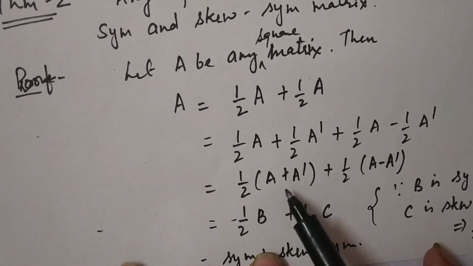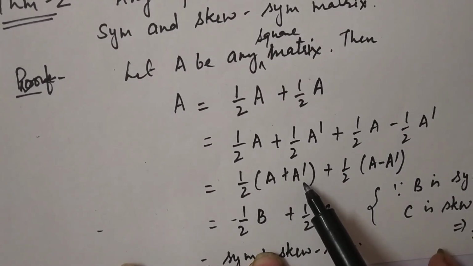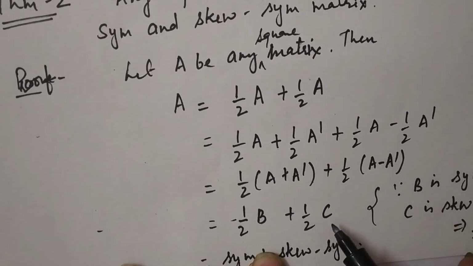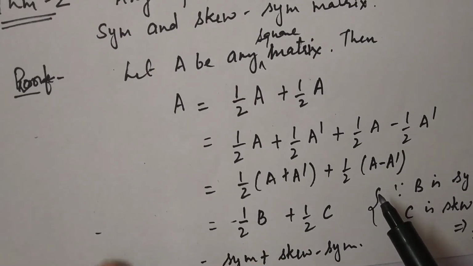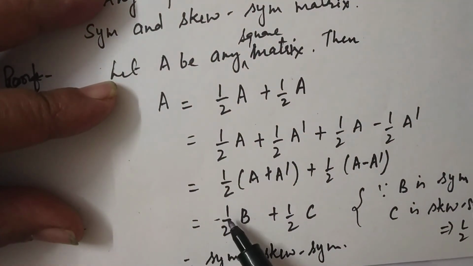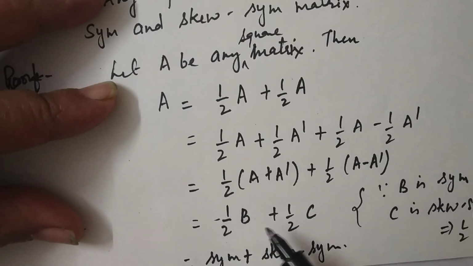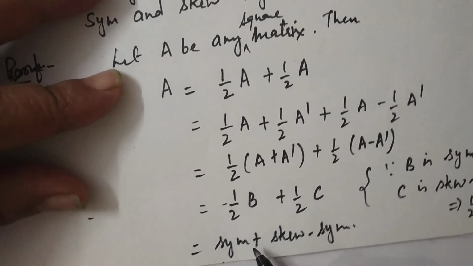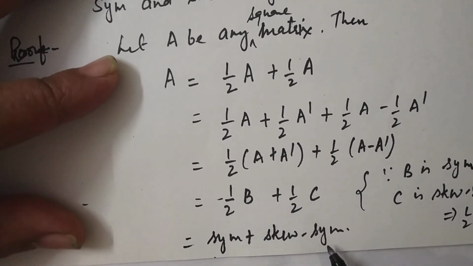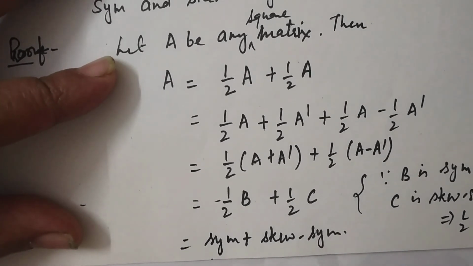And just now we proved that A plus A transpose was a symmetric matrix and A minus A transpose was a skew symmetric matrix. So I can write, and it hardly matters because if any scalar is multiplied, the nature remains the same. So any matrix can be written as the sum of a symmetric and a skew symmetric matrix.